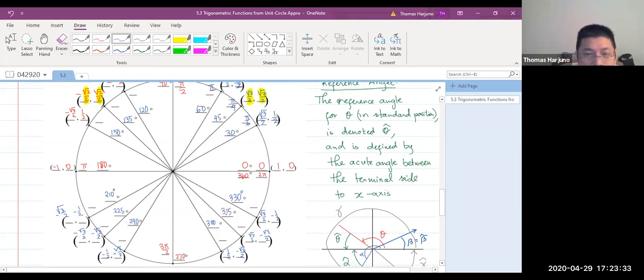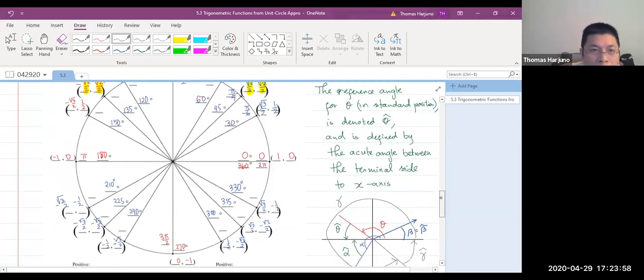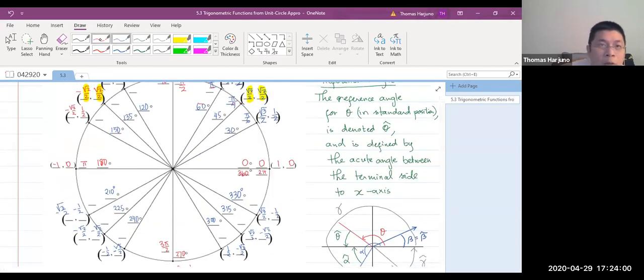But if you try to memorize them, there will be too many things to memorize. Instead, you have to memorize the unit circle and whatever you have in the first quadrant. But once you realize the reference angle idea together with the plus or minus in the second, third, and fourth quadrant, by the way we learned it last time, then we will be able to do this magic.